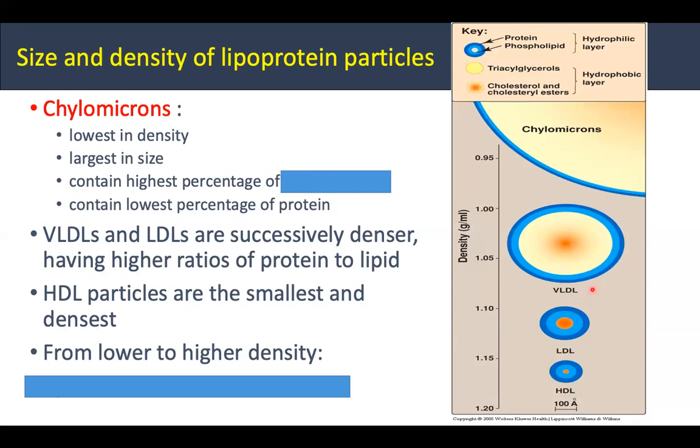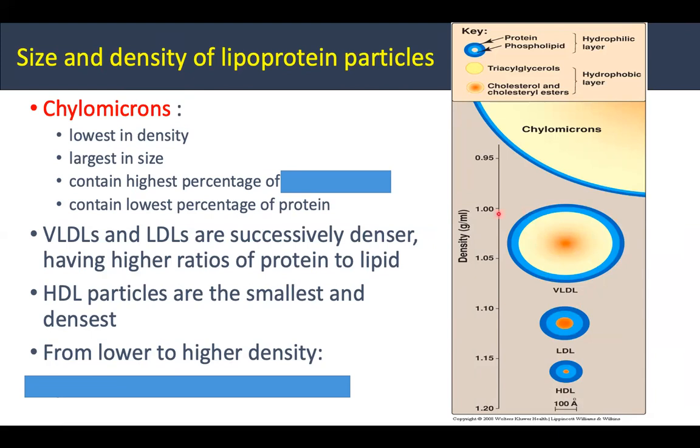I'm going to contrast this to something like chylomicrons. Chylomicrons do have a little bit of cholesterol, that's true, but they are literally 90% triglycerides, so when we calculate the cholesterol in our body, we ignore the cholesterol inside of chylomicrons because it's so small. Chylomicrons are almost exclusively triglycerides.